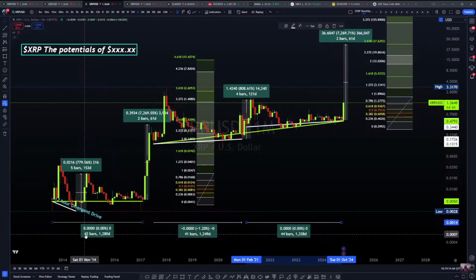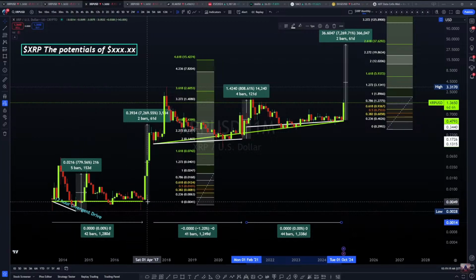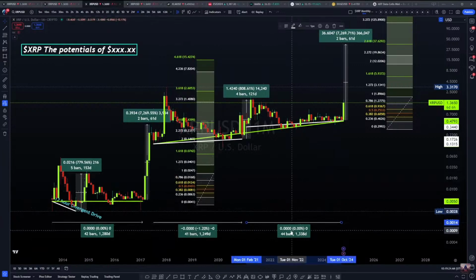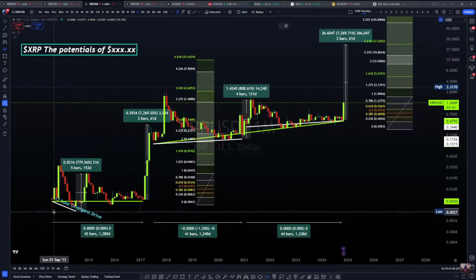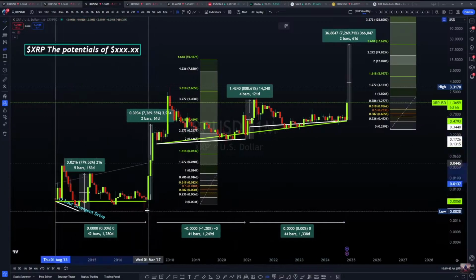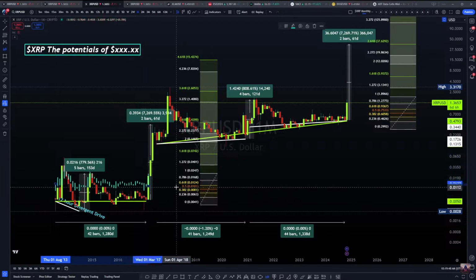Timing is exactly right. One size, twice the size, 41, 44. We have rhyming time as well. We have now timed the market too. If you take this, let's just say to about this area here.